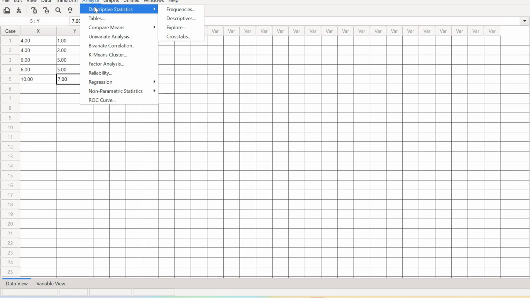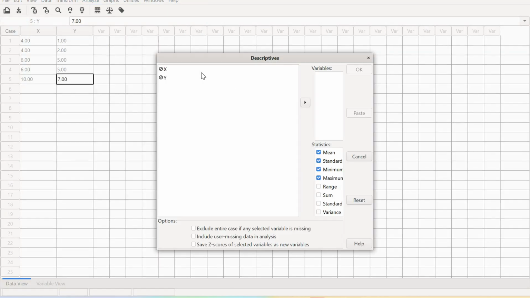So I go to analyze, descriptive statistics. What do I want? I want x, y. These are the variables I want to analyze. Mean, standard deviation. Yeah, I want the sum.